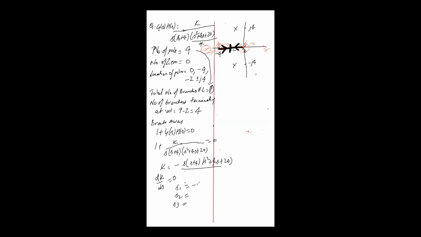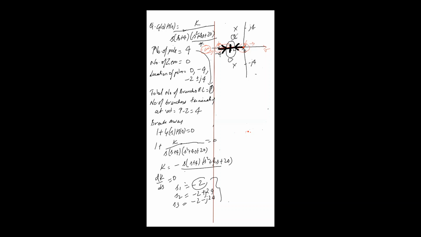One is at -2 and another 2 are -2 plus 2.4 j and -2 minus 2.4 j. So these are the points. Now -2 is lying here, which can be our breakaway point, and this -2 plus 2.4 j is somewhere here.